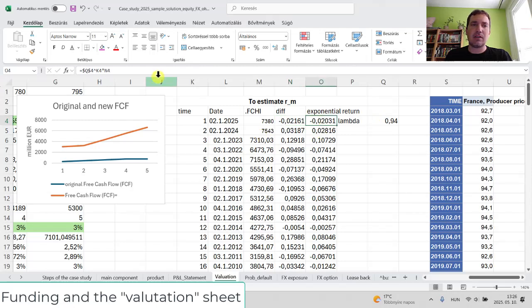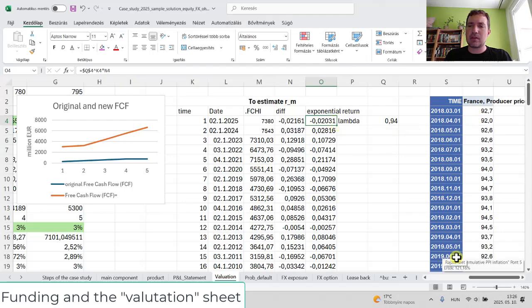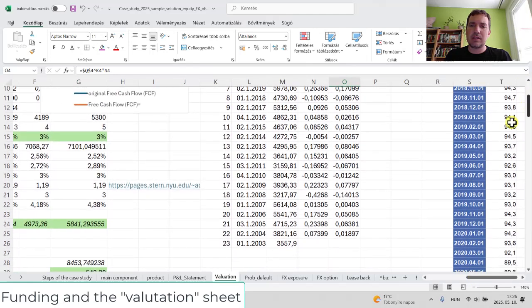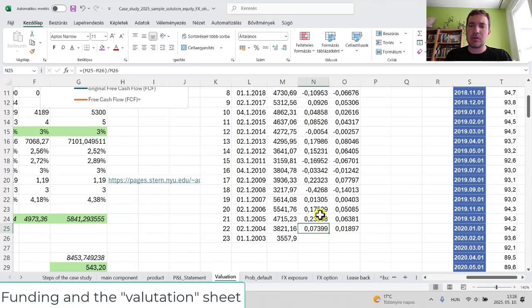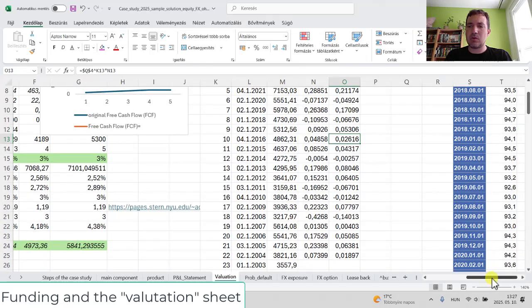And after that, I used an exponential return, practically lambda to the power of time, to calculate the exponential average of this change. This exponential approach practically reduces the importance of the past values, so present or close-to-present changes are much more relevant.